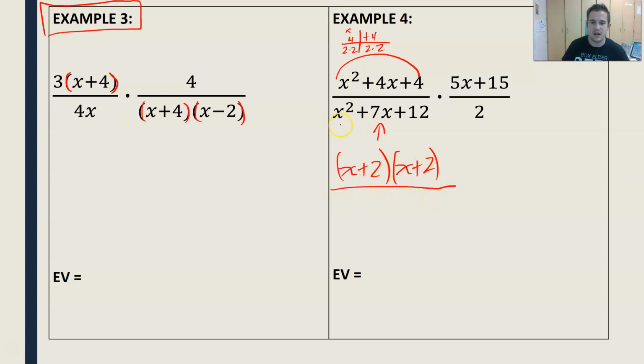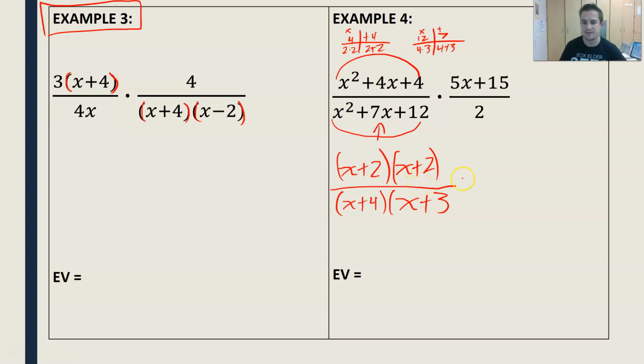In the bottom of this fraction, if I multiply 1 times 12, I need to find two numbers that multiply to make 12 and add up to 7. Well, that's going to be 4 and 3. 4 times 3 is 12. 4 plus 3 is 7. So in the bottom here, I have x plus 4 and x plus 3.